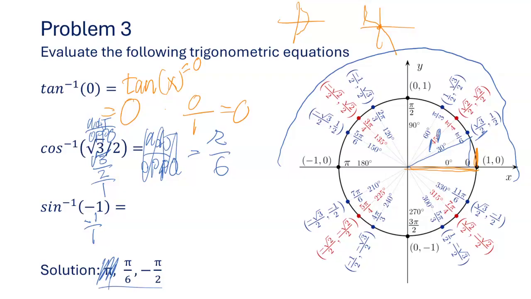That is when our opposite is -1, and the hypotenuse is 1. Our hypotenuse is always 1, but our opposite is negative when our y is negative.